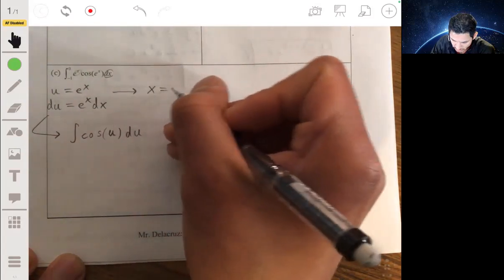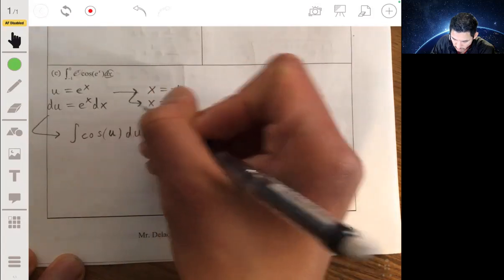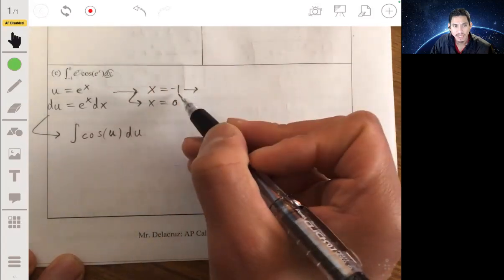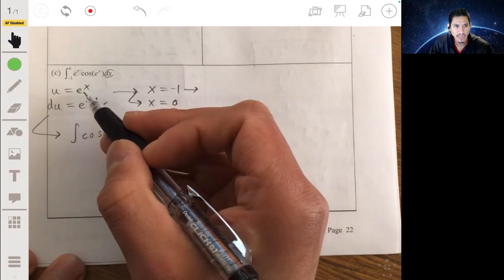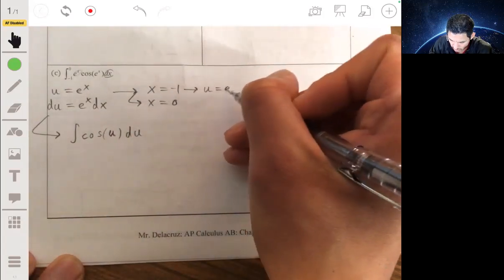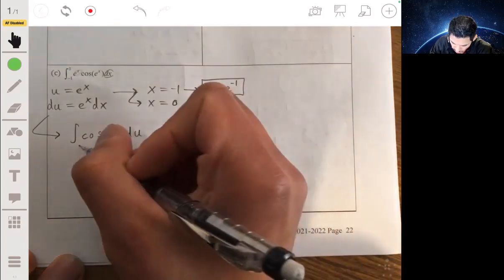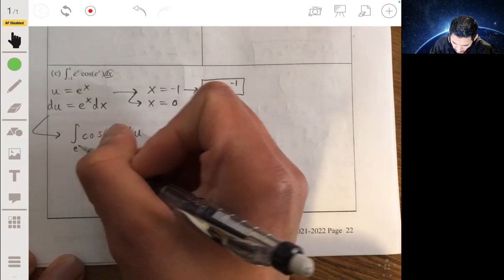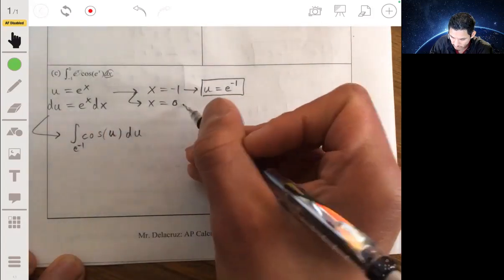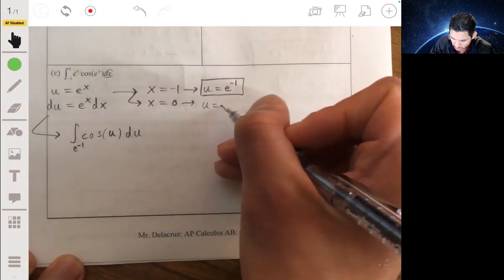So we have x is -1 and x is 0. When x is -1, u will be e to the -1. So the bottom endpoint is e to the -1. And when x is 0, u will be e to the 0, or just 1.